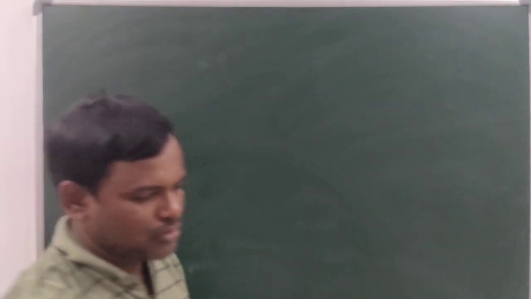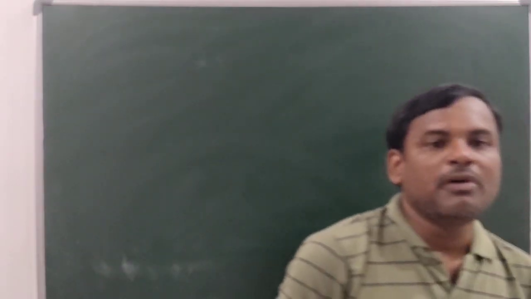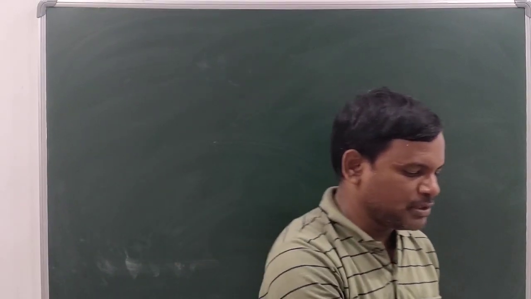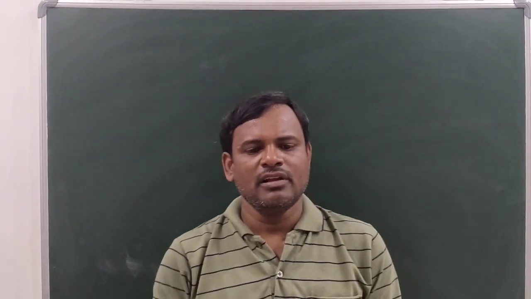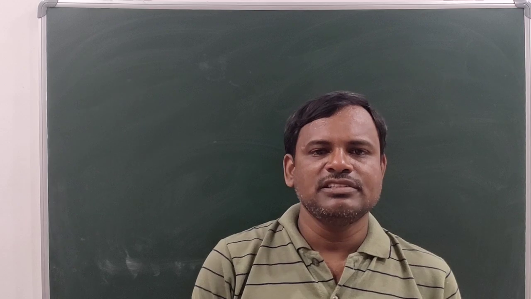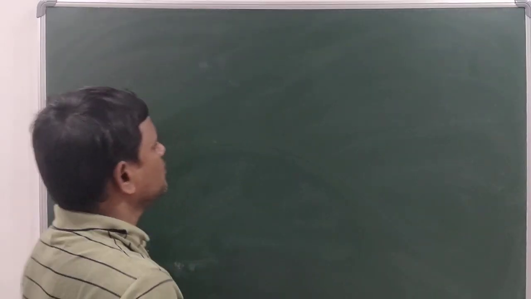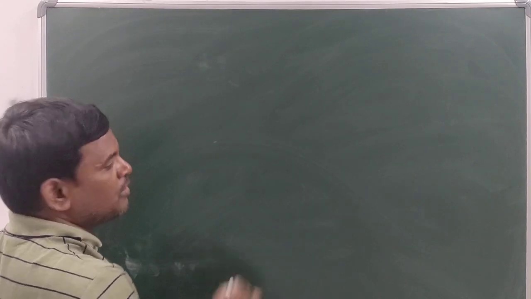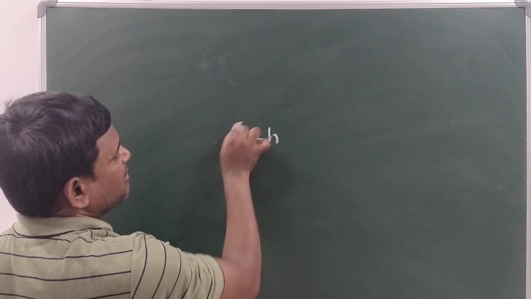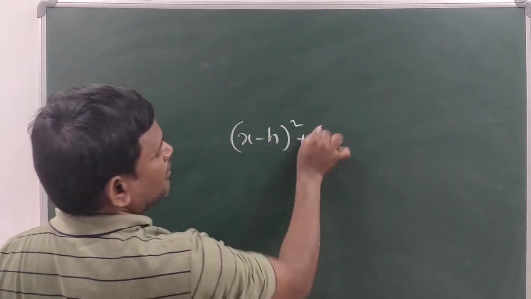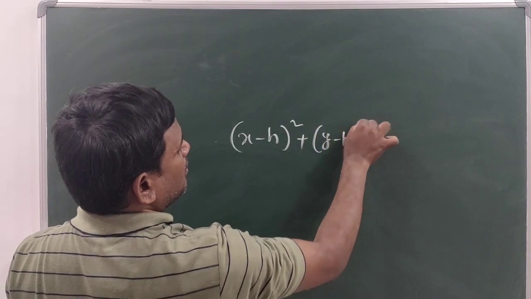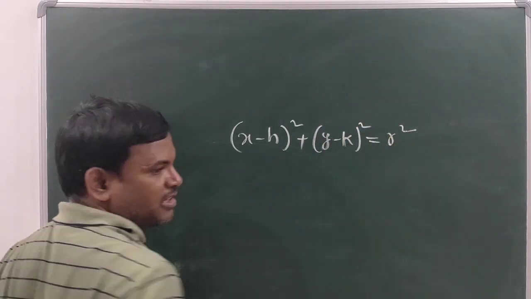Next, let us go to power of a point with respect to the circle, and before that let us see some notations related to these circles. So you know, here is the equation of the circle when center and radius are given.